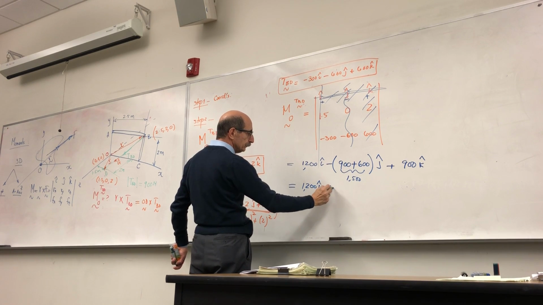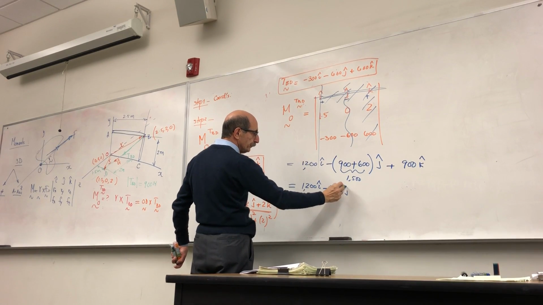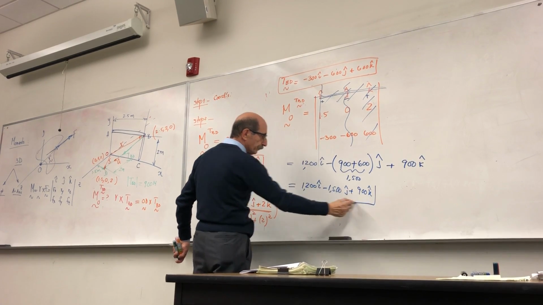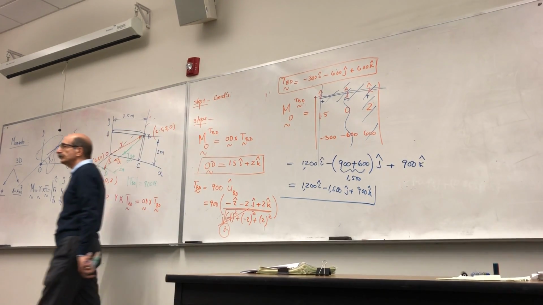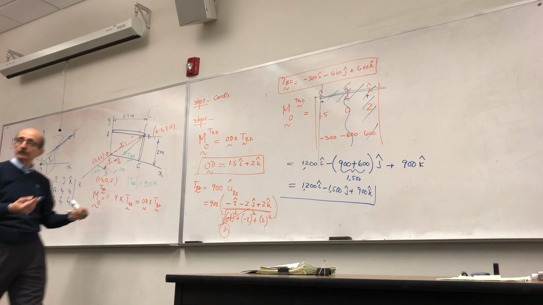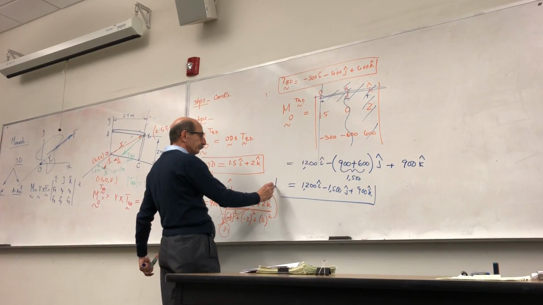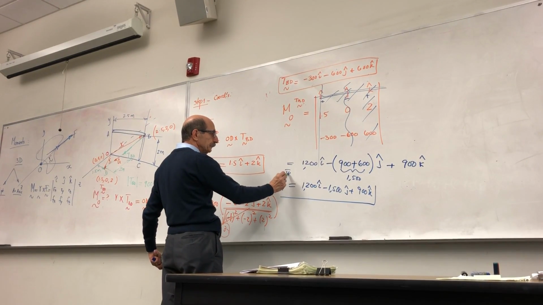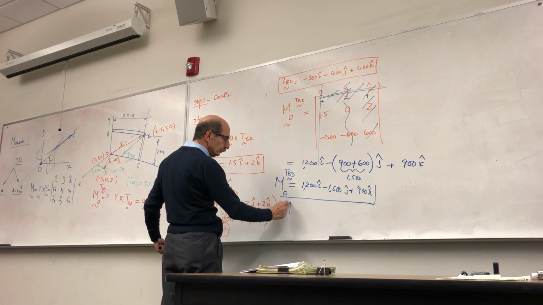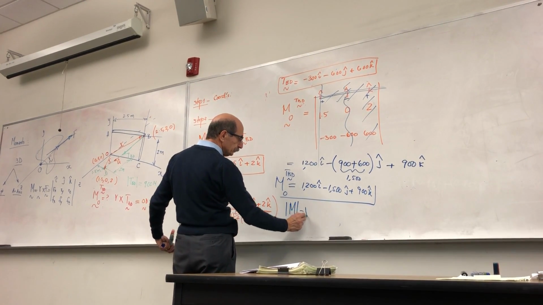1200 i minus 1500 j plus 900 k. So this is the moment that that force generates about point O. Obviously, this is a vector, right? Moment of TBD about point O. Magnitude of that moment would be what?